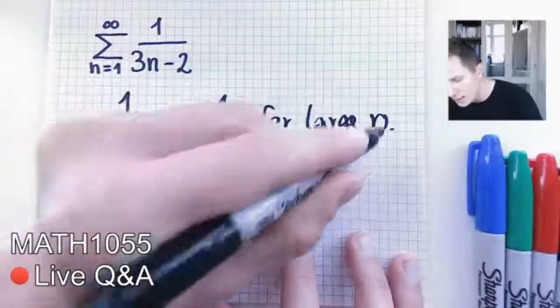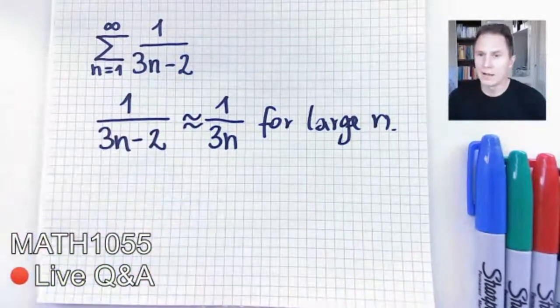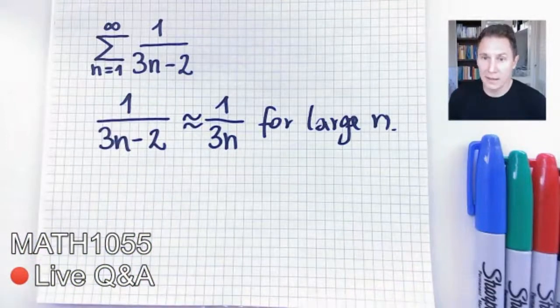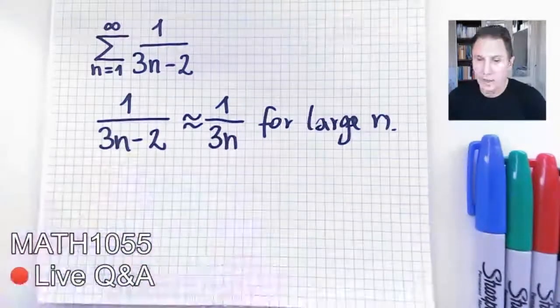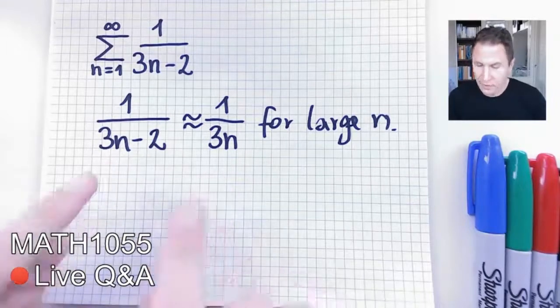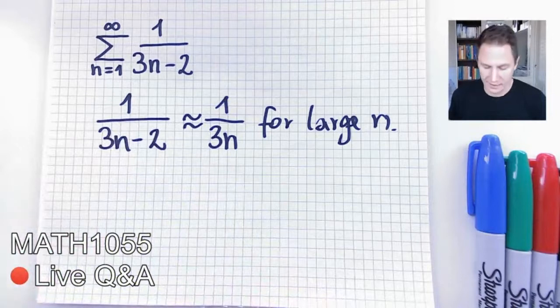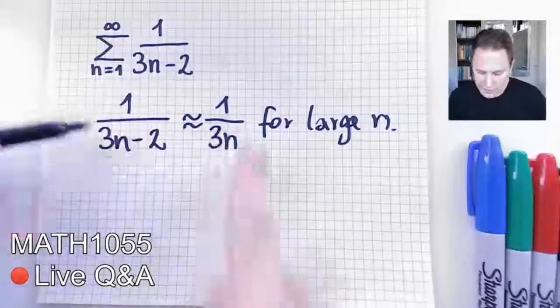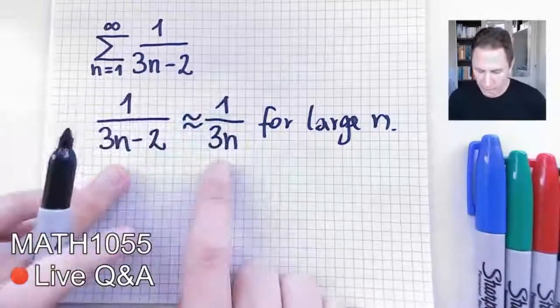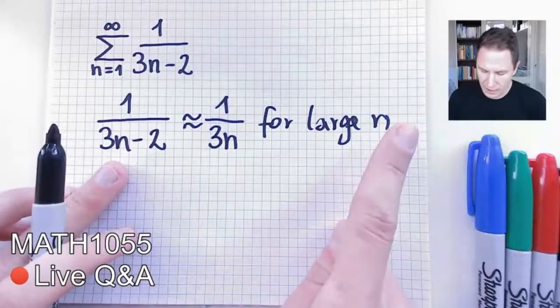I hope you all agree that if n is really large, like a million or a billion, multiplying it by 3, so 3 million or 3 billion, will not even feel the difference if you subtract 2 and take the reciprocal. So these two numbers are really close for large n.